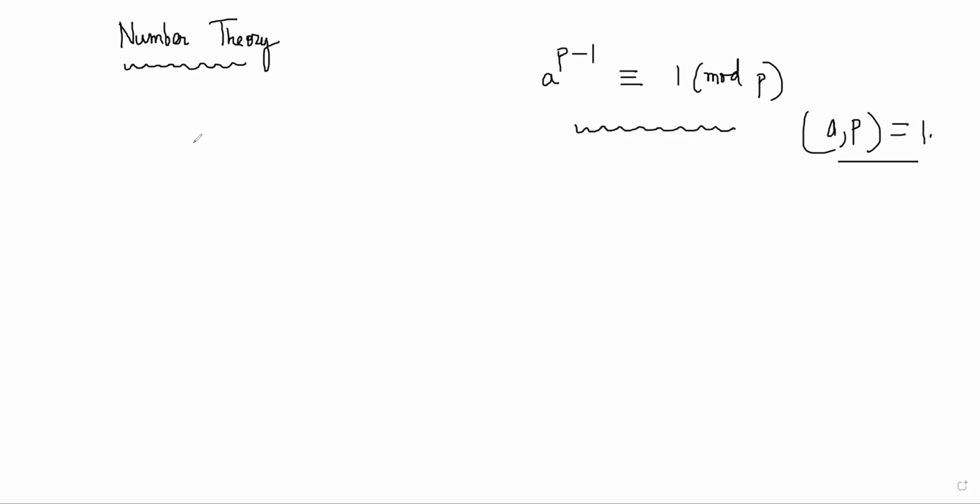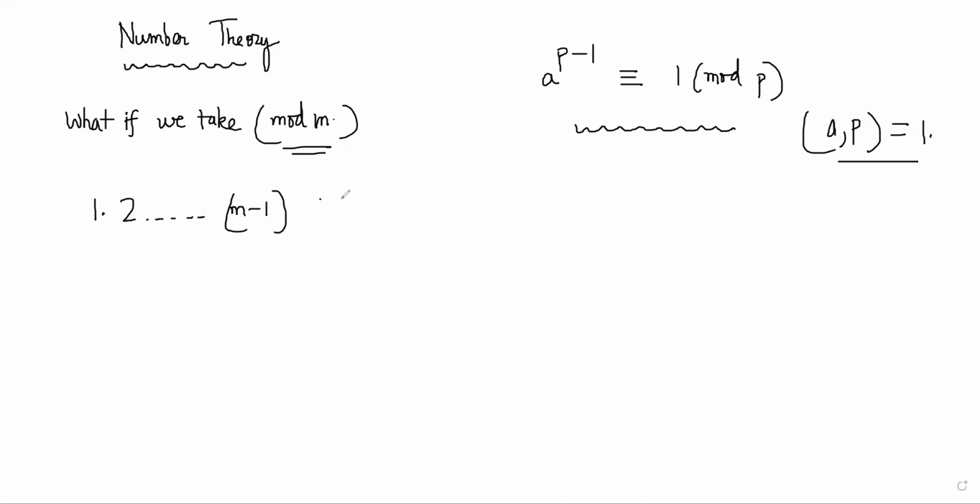The way we think about it is what happens when the modulo is not with respect to a prime number. So what if we take mod m? If you recall the proof that we had discussed for this, the proof will break down if we do mod m, because what we did was we took all the numbers from 1, 2, till p minus 1, in this case m minus 1, and said that is congruent to a, 2a, till (m-1)a mod m.